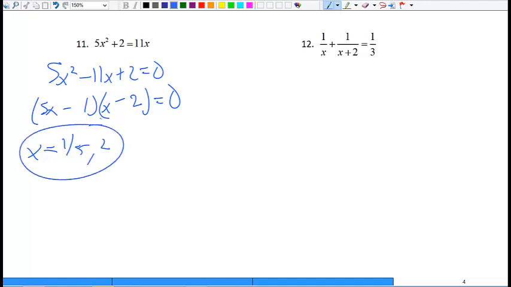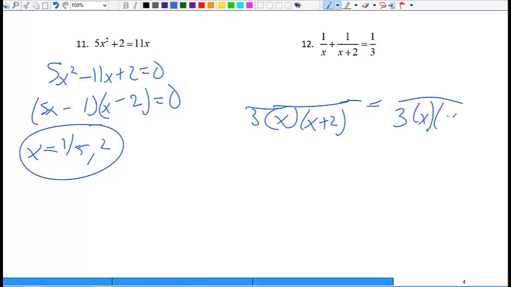Okay. However, number 12 also doesn't fit with our u-sub process in that we're going to make a common denominator out of this, and then somehow the quadratic process is going to show up. So we'll multiply everything. Everything gets the common denominator. So the common denominator is going to have a 3 in it.